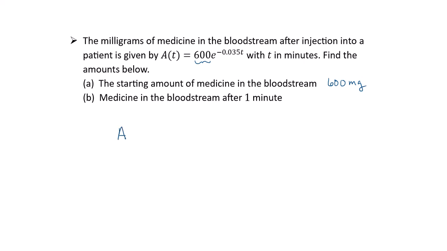What is the amount of medicine in the bloodstream after 1 minute? Well, we find that by finding the amount at 1 minute, just plugging 1 into the formula. When I put that into my calculator, I get approximately 579.36 milligrams.